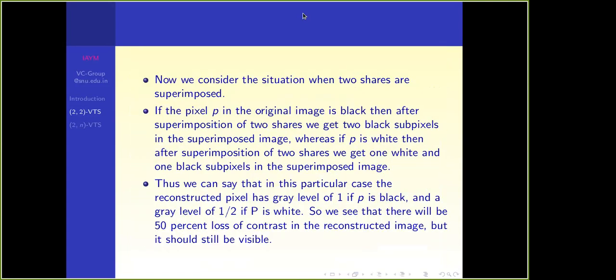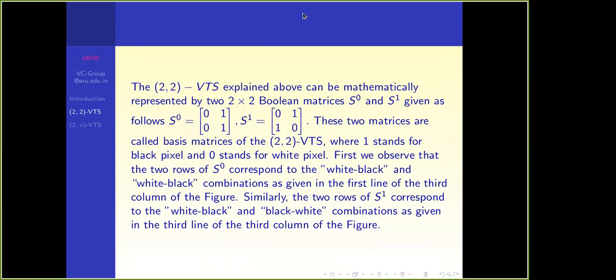Mathematically you can say it like this. There are 2 matrices we will take, S0 and S1. It is 2 comma 2 visual cryptography. I can permute the columns. Try to understand: 0 0 1 1 is S0. If I permute the columns, what happens? 1 1 0 0.